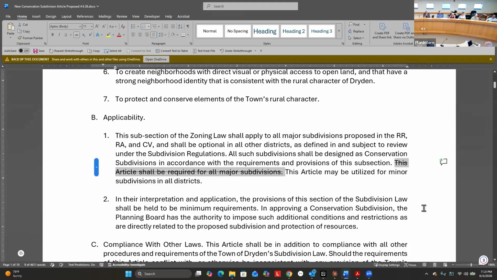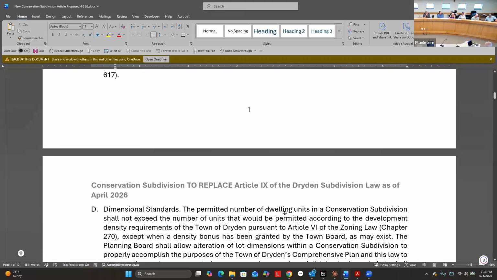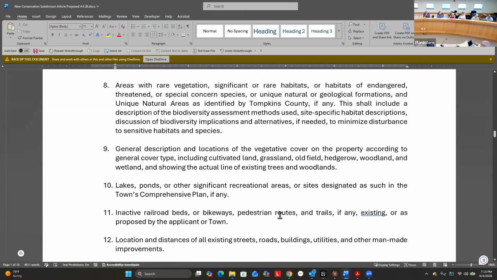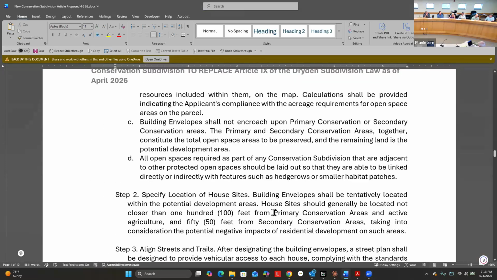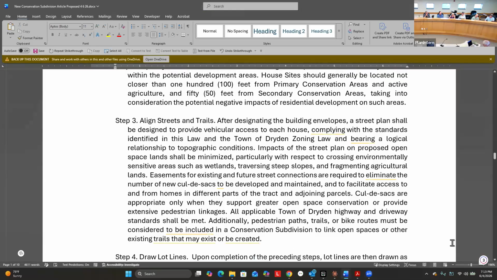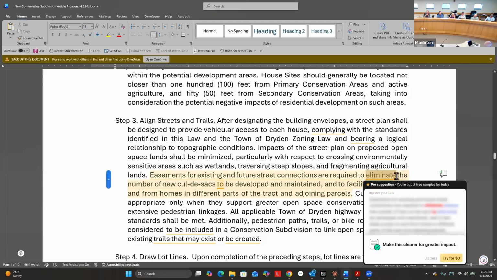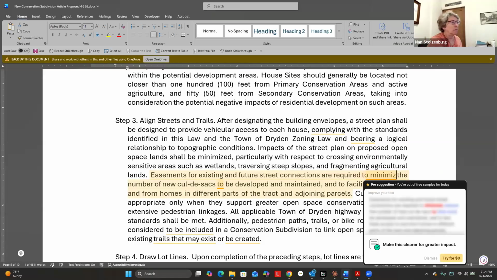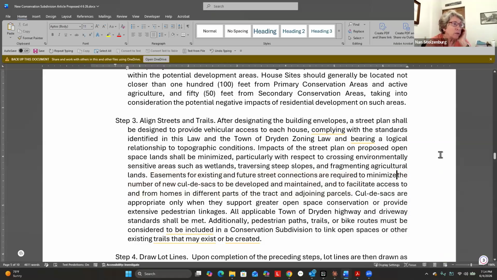And then scroll down to G, step 3, a little over halfway down: "are required to eliminate the number of new cul-de-sacs." I think that needs to be minimized. Yes, that's right. Okay.